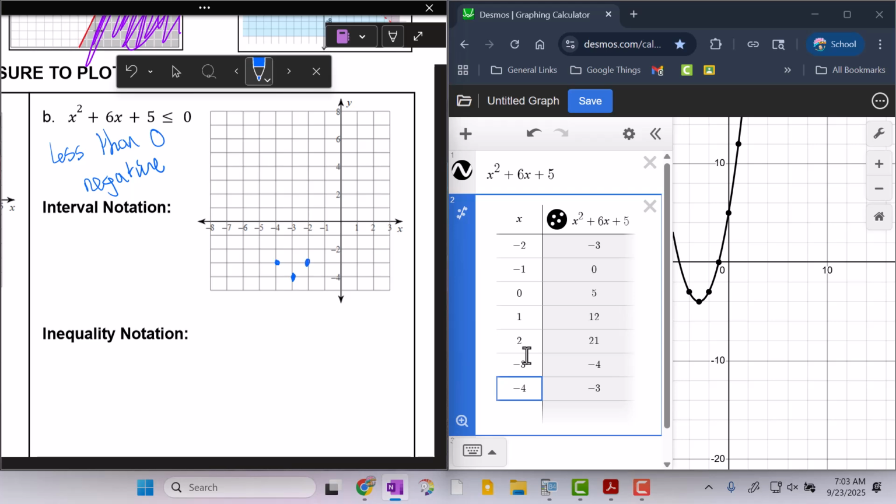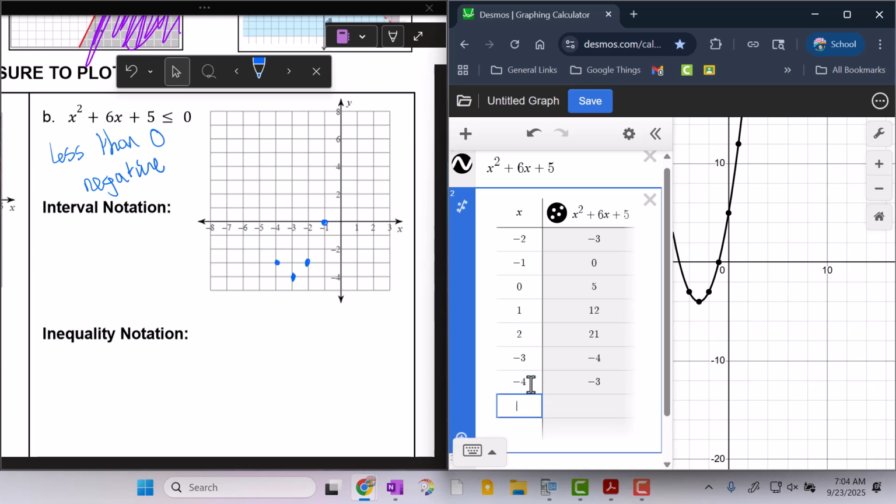But we also want to graph our x-intercepts. So negative 1, 0, and we probably need to go back one more space, negative 5.